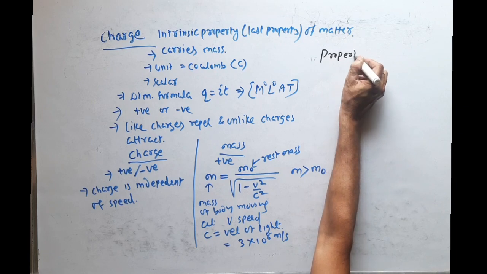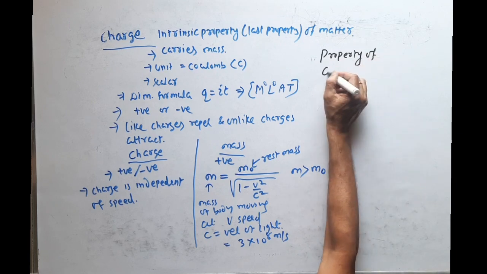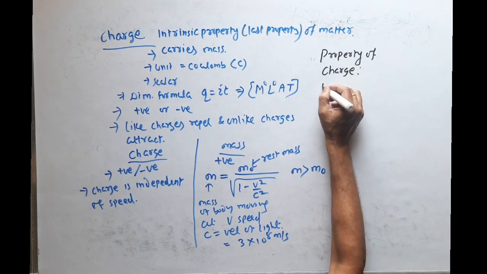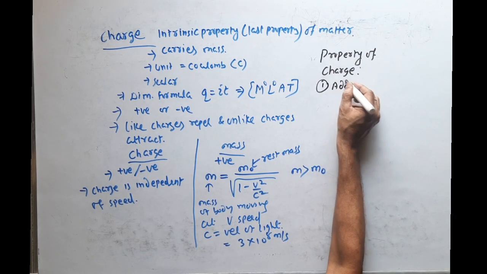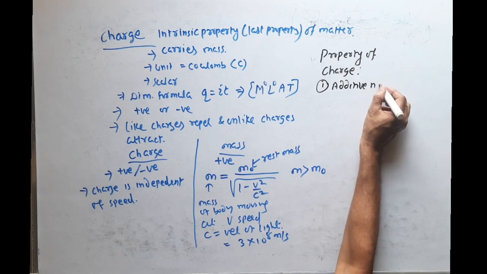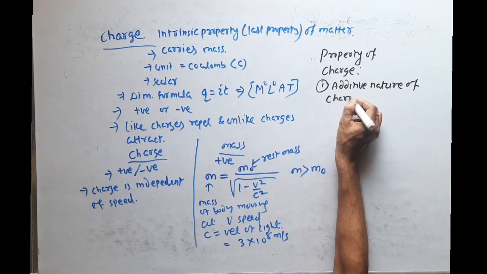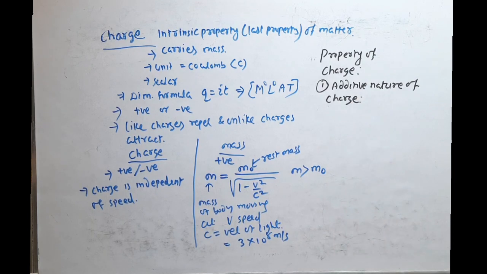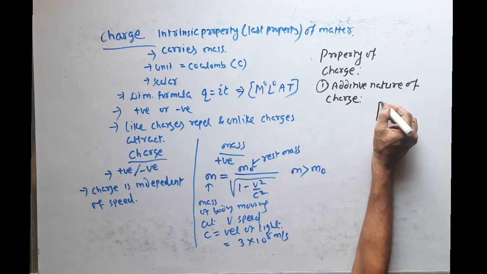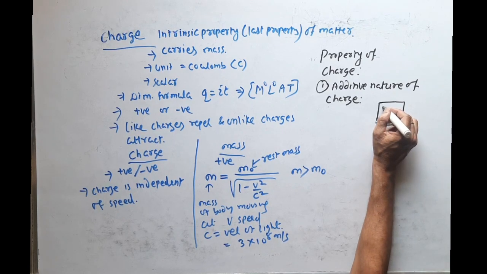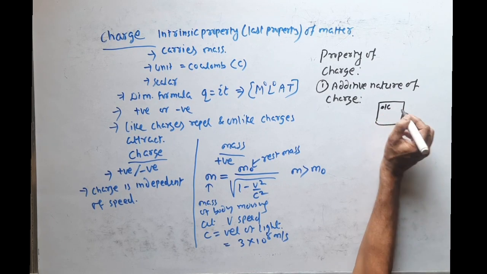You can write the note also. Property of charge. First property, additive nature of charge. What is meant by additive nature of charge? Suppose you take a body. In this body, in various locations there is charge. Here it is 1 coulomb.